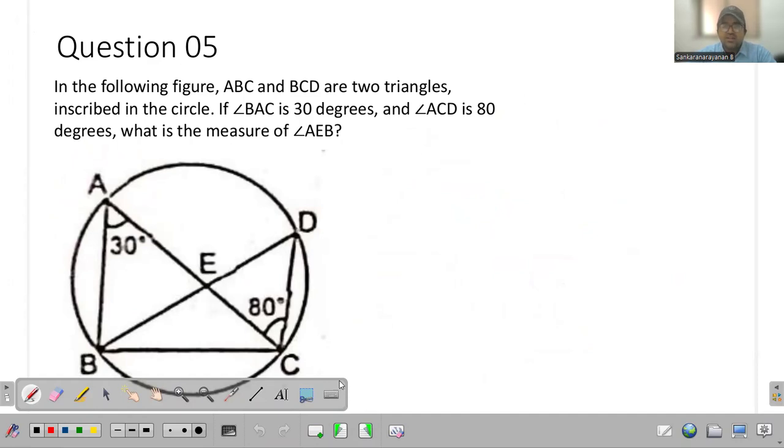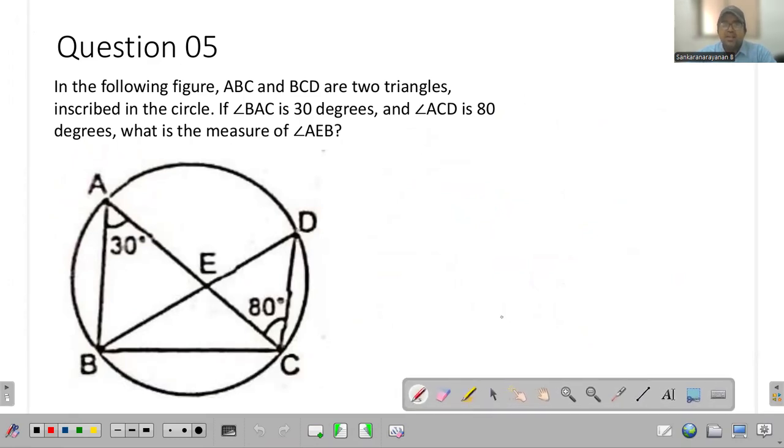Take a look at this question. Here, we can see in the following figure, ABC and BCD are two triangles. So where are they? ABC, and you can consider BCD. ABC and BCD are two triangles inscribed inside the circle.